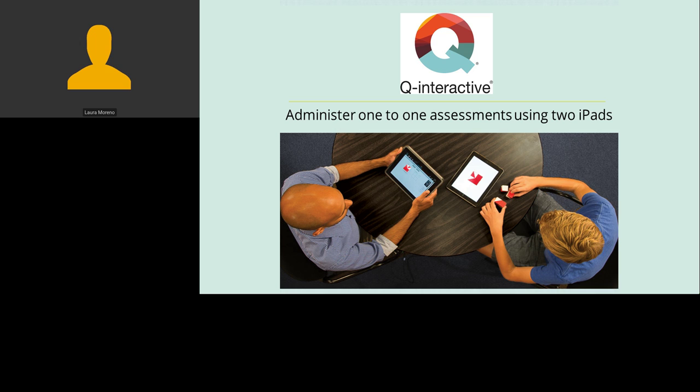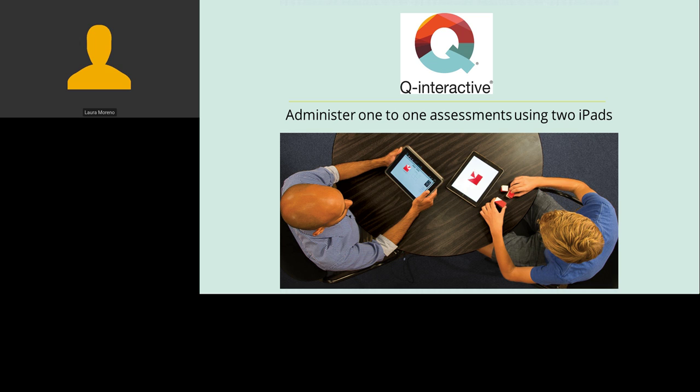All right, let's move on to Q-interactive, which is our comprehensive digital system that uses 2 iPads to administer and score assessments. Here we can see an example of using Q-interactive in a traditional face-to-face setting, where one iPad faces the practitioner, providing the ability to control stimuli and score responses.